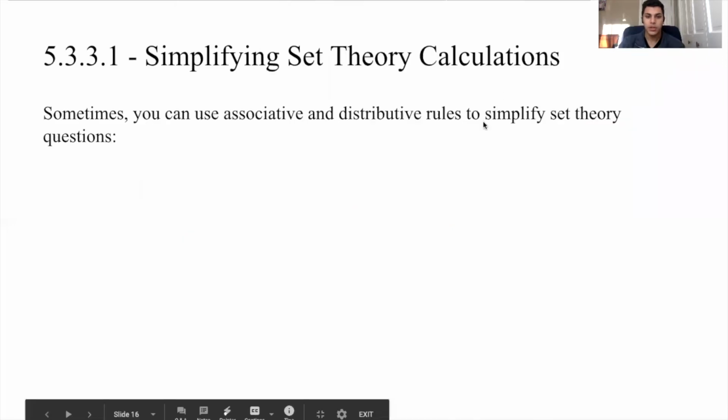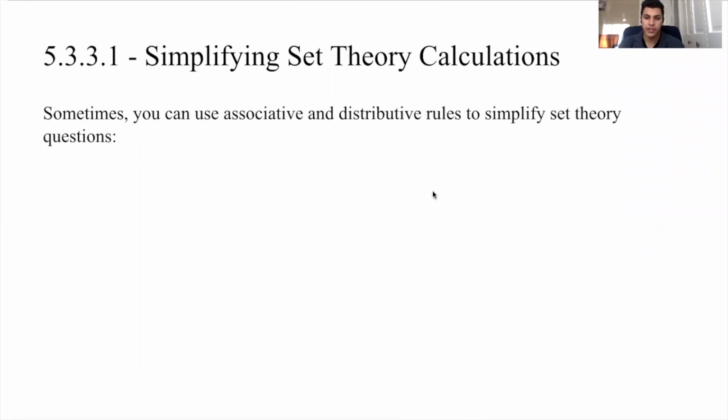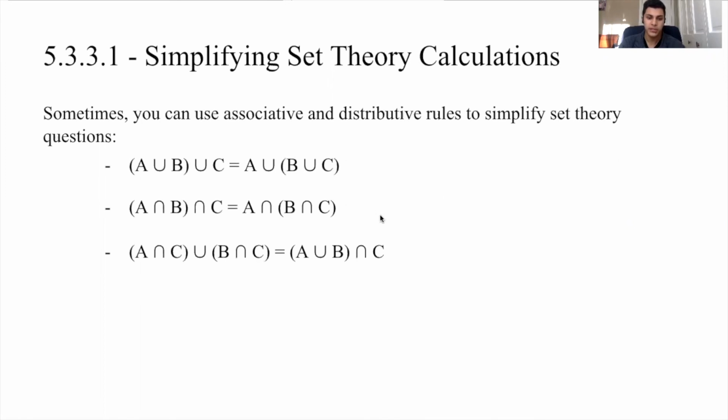All right, just to quickly review what we've learned this lesson. We started with simplifying set theory calculations, where we learned these 3 rules about intersections and unions, and how we can change up the order or change up exactly what we're doing in some set theory calculations.